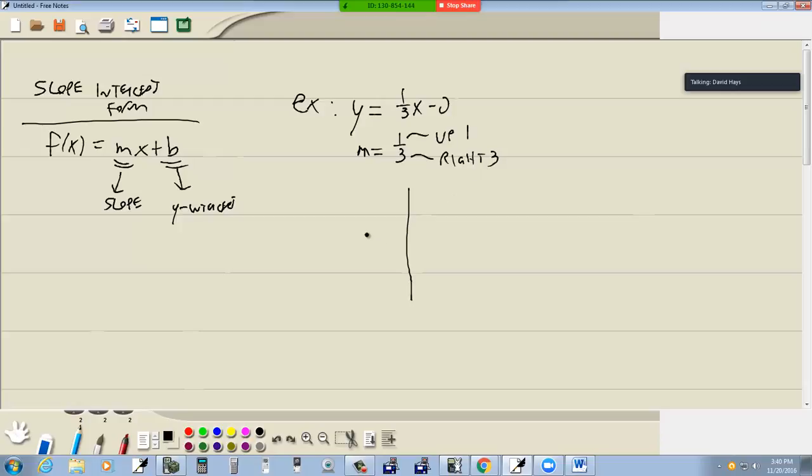Now, if I was graphing this, our y-intercept is the number at the end, the negative 2. So I put a point at my y-intercept, and from there I use the slope to find my second point. So I go up 1, right 3, and that's where I put my second point. And then you draw a line through them. If you miss your point, just draw the point a little bit bigger. And that'd be our graph.